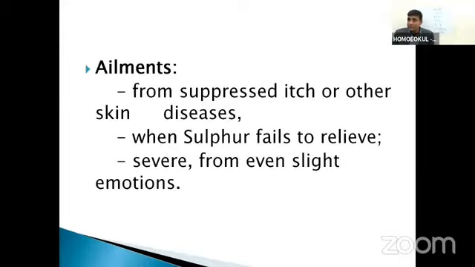For the consequences of suppression of itch or eruptions, there are 8 to 10 very important medicines I'll discuss here. Now open Agaricus. In Agaricus, you will get epilepsy from suppressed eruption, with sulphur and Psorinum in brackets. Got it?